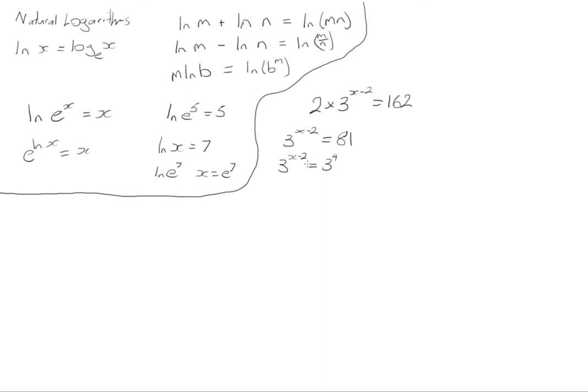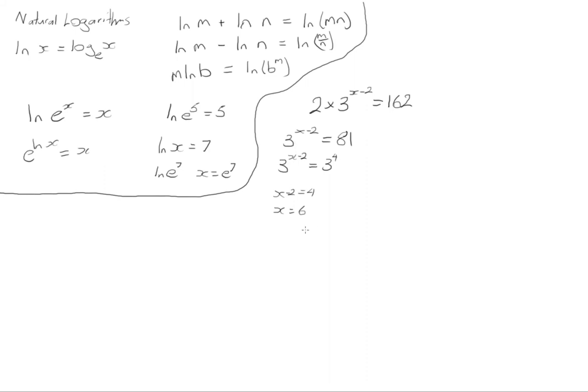So what we've done here is we've rewritten each side with the same base, so we've got 3 to the power of something. Then all we have to do is just solve for x, when we've got x minus 2 is equal to 4. In this case, x has to equal 6. So that's one way of solving it.